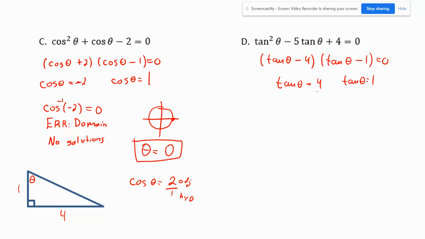I could have a 4 here and a 1 here, so that's okay. This is still not on a unit circle, though. So I want to go tan inverse of 4. Oops, so I want to be in radians for this one here. When I just did it, I did it in degrees.